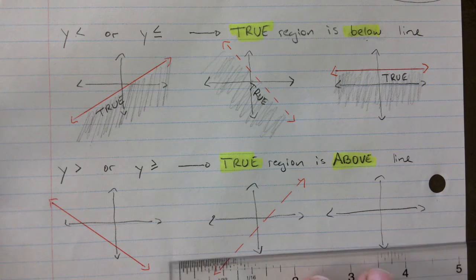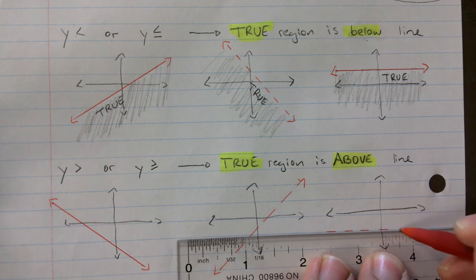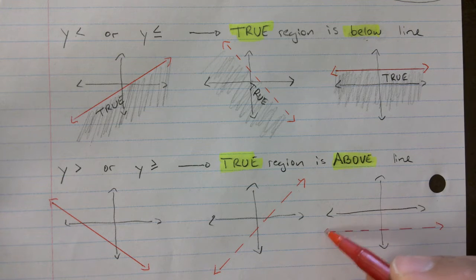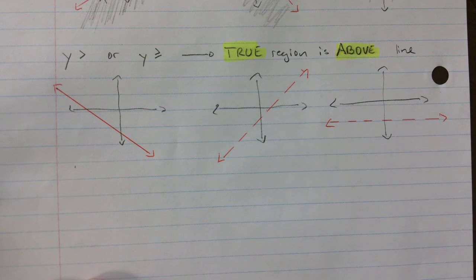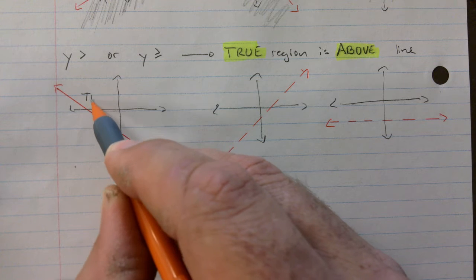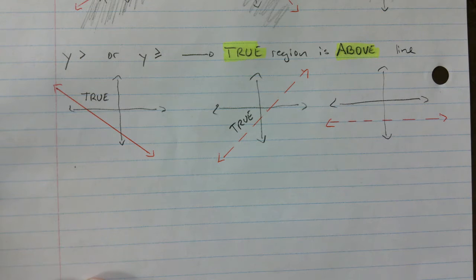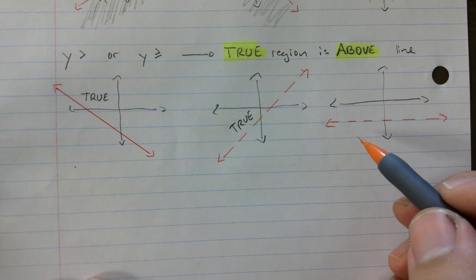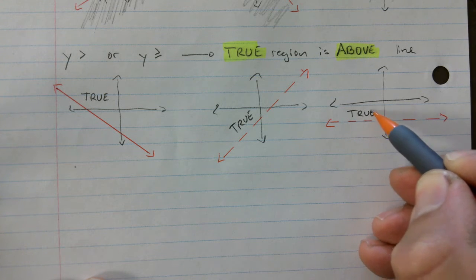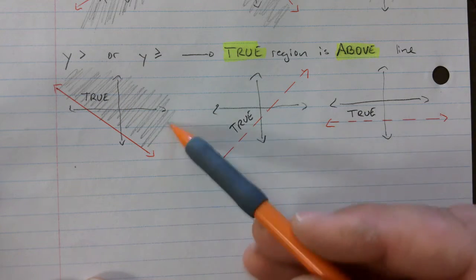And let's make a dashed line as our horizontal again. And in this case, you would say that the true region is above for every single one of them. And therefore, the other region is false. It's just assumed, but we're focusing on the true region here more than anything. So we're going to shade everything above.